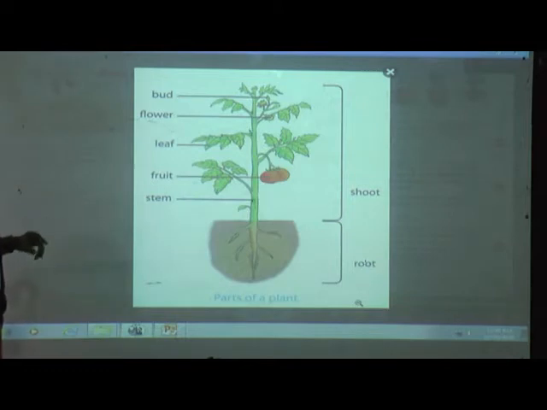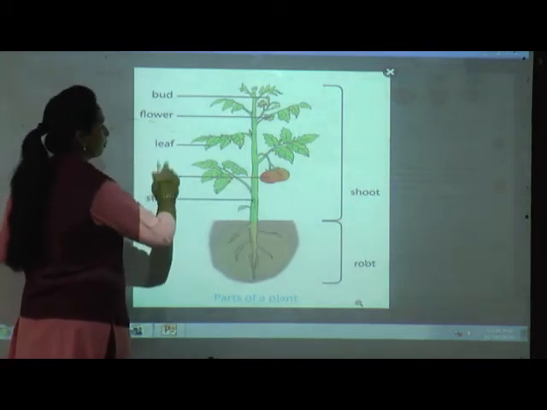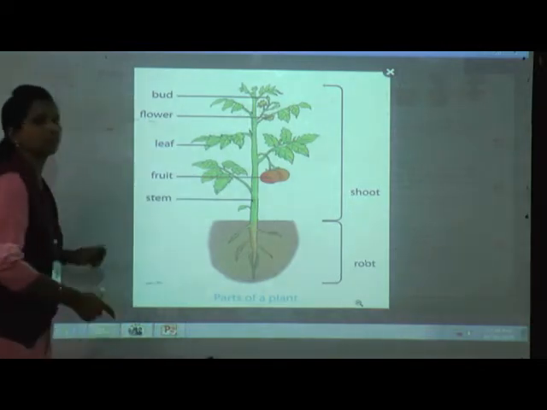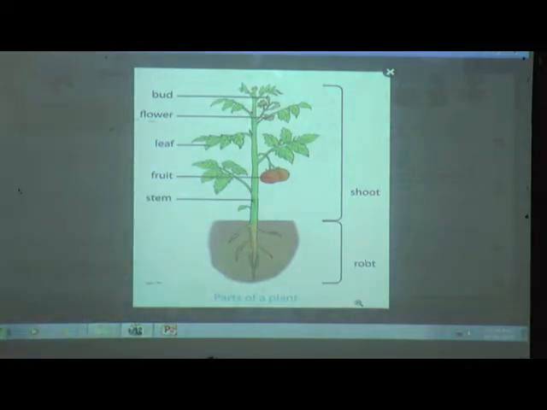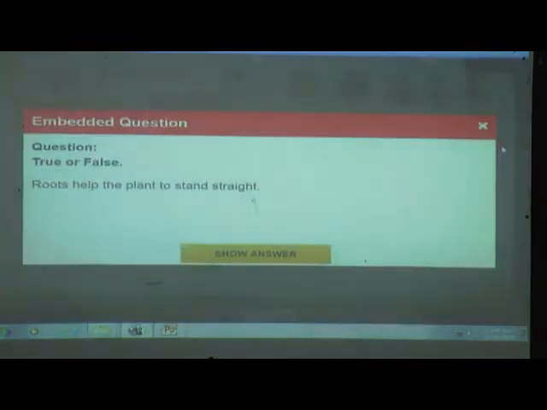And what are the different parts in the shoot? See, first is stem, then fruits, then leaves, flowers and buds. Understood? Very good. Now we will see the first question.